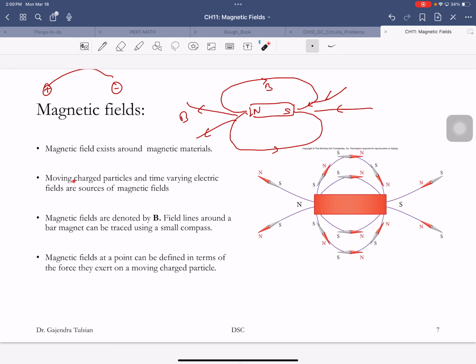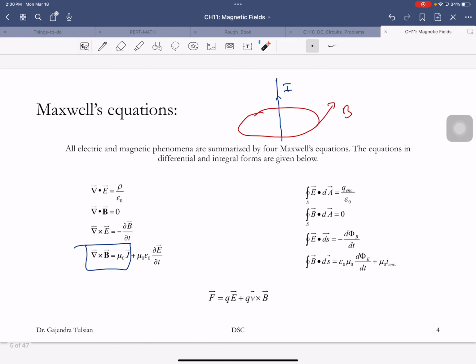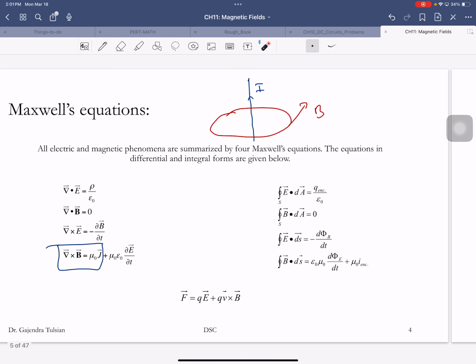Again, like we said, moving charged particles and time-varying electric fields are sources of magnetic fields. Okay, and that's contained in this equation. Moving charges are producing magnetic fields. Time-varying electric fields also produce magnetic fields. Okay, so that's that statement.